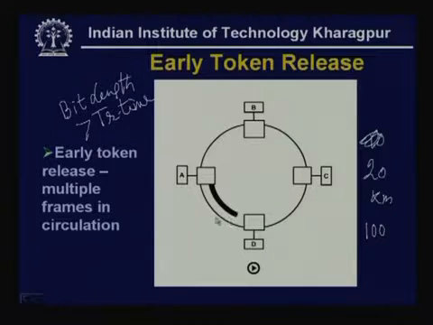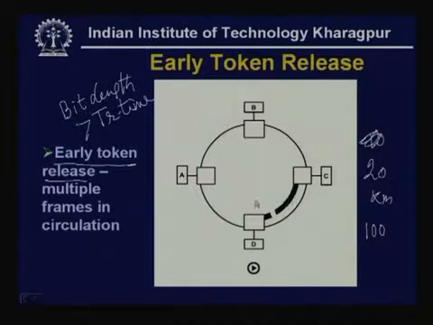So, you see in this particular case the transmission of a packet has started and it is already finished. Now, there is a possibility of introducing a token. Immediately after sending a packet, a token can be introduced, which is known as early token release. After this token is received by this station, it can start sending data.